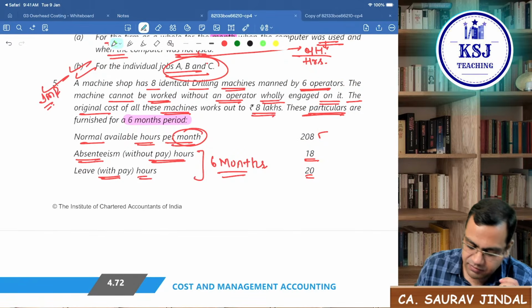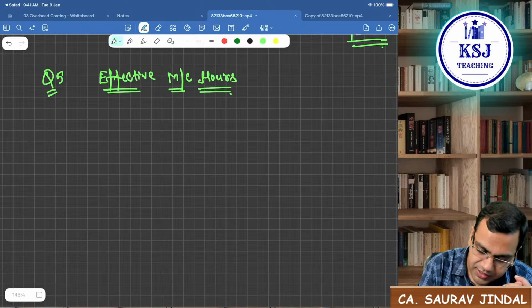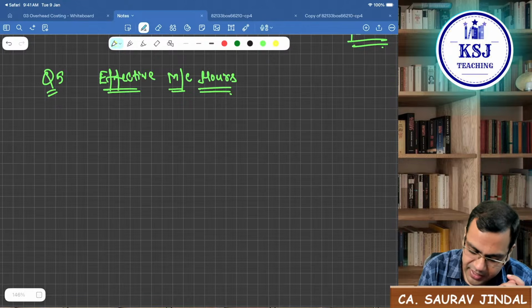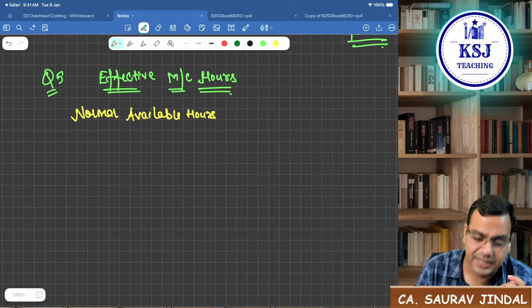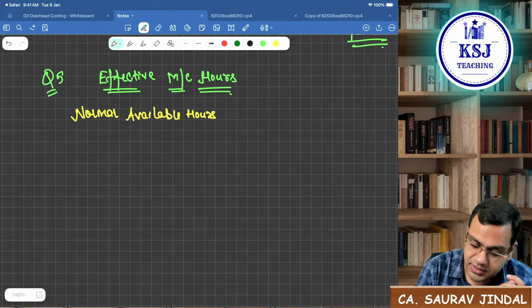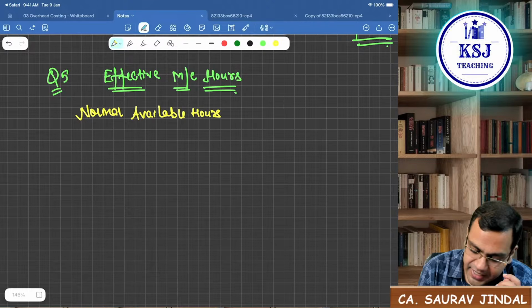For the effective machine hours, the first thing that we will take is the normal available hours. Now, what is given to you regarding this? How do you take the normal available hours? See, it is given for every 1 month, it is 208.